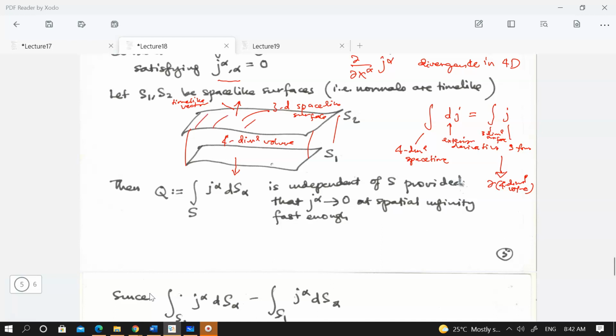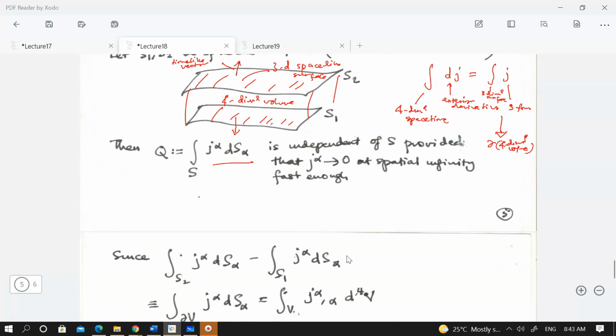So the boundary is now essentially the union of these two space-like surfaces, which are 2 separate 3-dimensional surfaces over here.